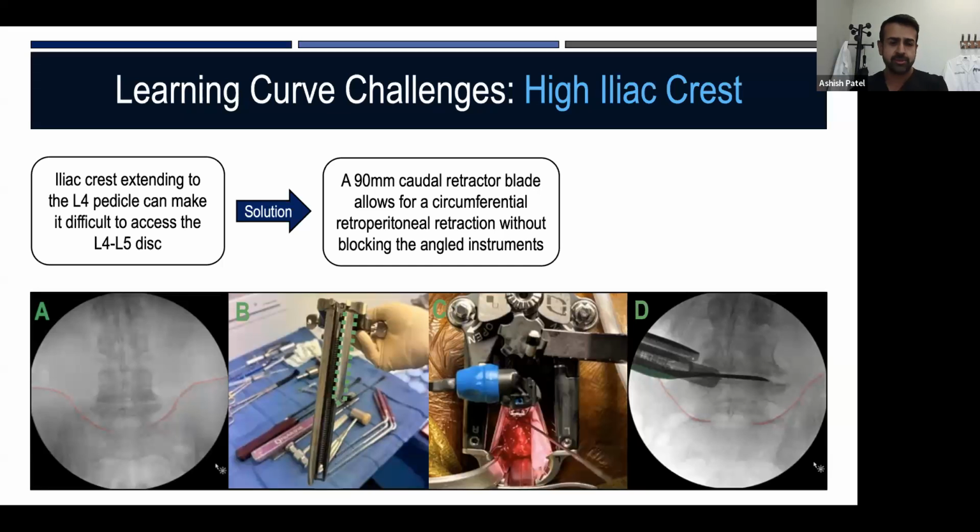And that small blade would be on the pelvic side. That combined with the glove technique, and then that fourth blade that would come in ventrally, would give us that safe working corridor like you can see in figure C. And if you have a short blade on the downside, on the pelvic side, you can see in figure D that the angled instruments can work for you more effectively.